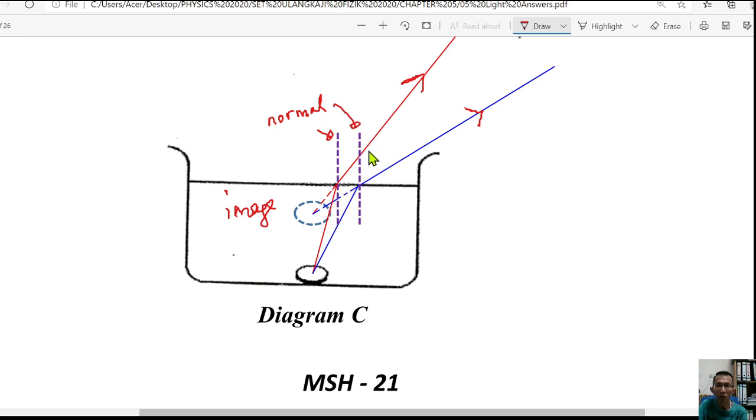Okay, so this line here, here is air and here I have water. So what happened to this light as we enter the water? Water, the density is greater, therefore the light must be bent towards the normal. So you see here, my line here is bent towards the normal.